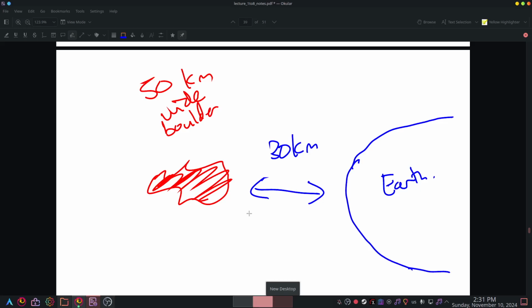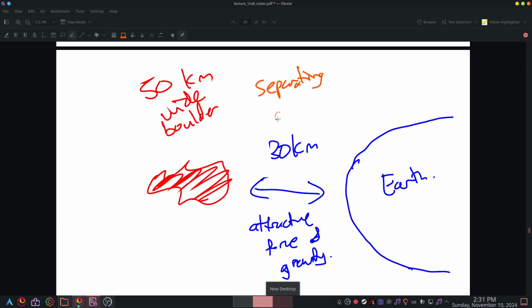You have the attractive force of gravity, and you have a separating distance here, let's say 30 kilometers. Suddenly you put them together.